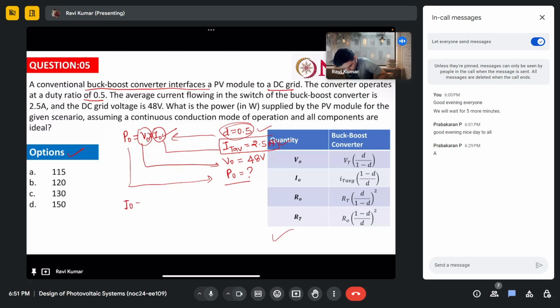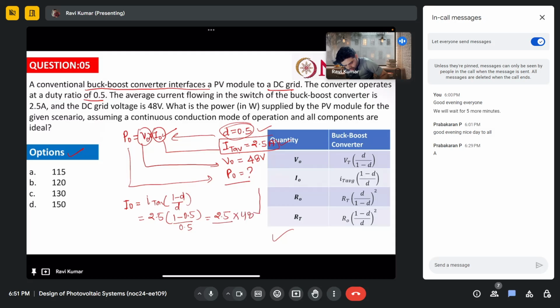I naught will be equal to ITAV into 1 minus D divided by D. ITAV is given 2.5, so 2.5 into 1 minus 0.5 divided by 0.5. It will be 2.5 into 48.